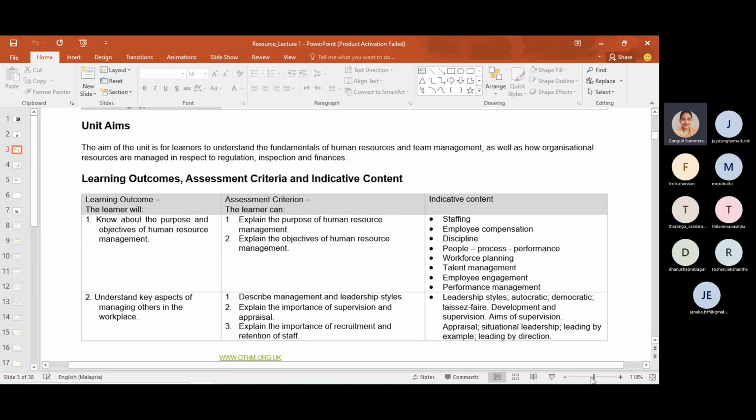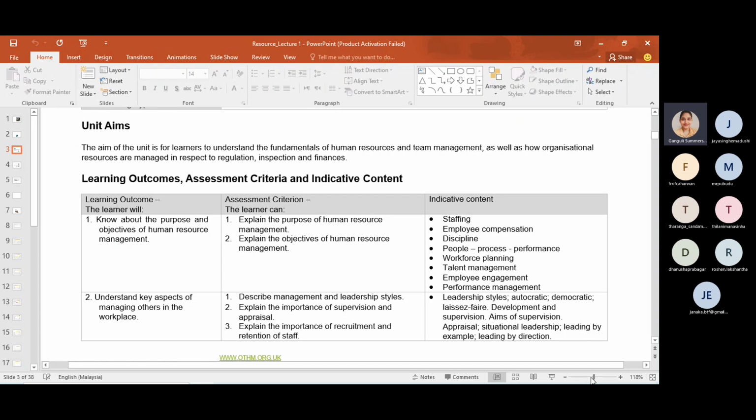And then you can see the second learning outcome: understand key aspects of managing others in the workplace. When we are working in a workplace, we deal with different people, right? We deal with managers, who are at a higher level than us, and we deal with colleagues.